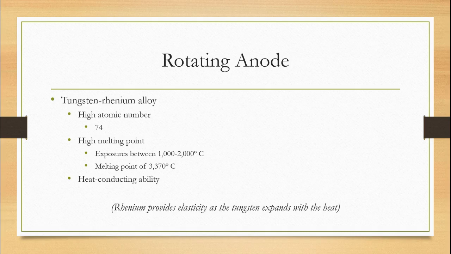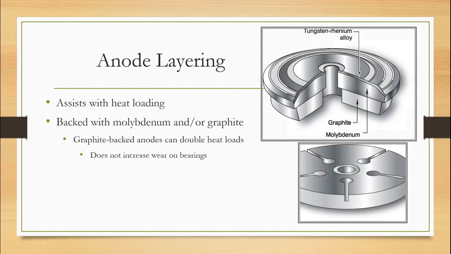Once we reach the melting point of tungsten, and that usually happens if there's some kind of failure of the bearings where the anode is not rotating, and that is at 3370. So the tungsten rhenium is heat conducting, which is great. So rhenium provides that elasticity to expand and contract with the heat.